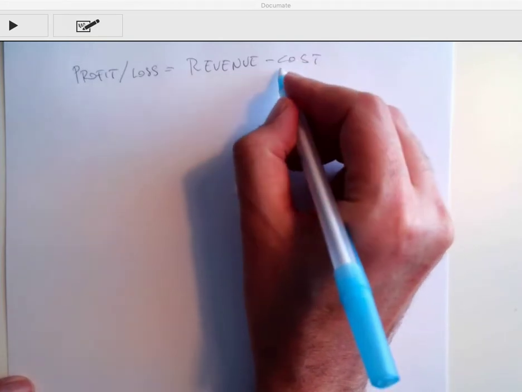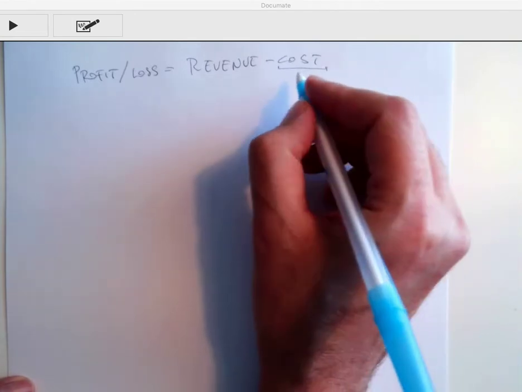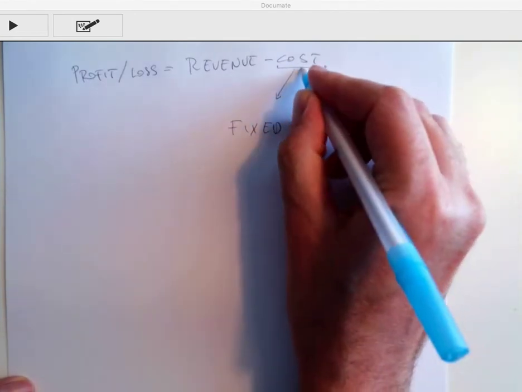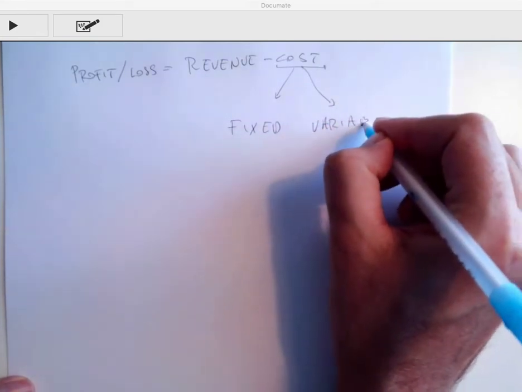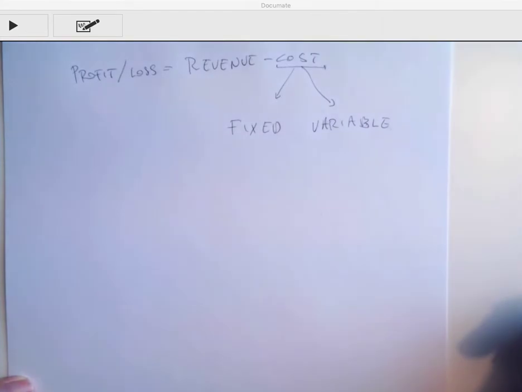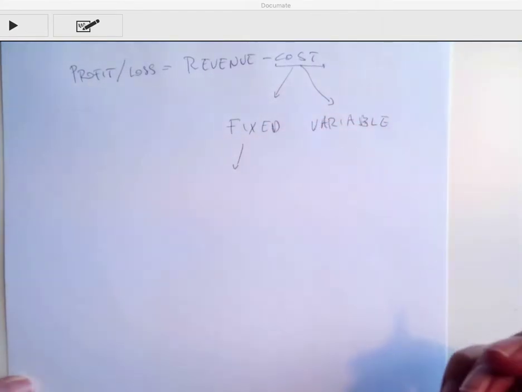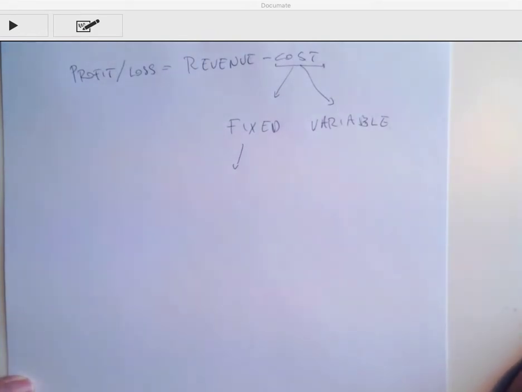We have a little bit more to say: this cost, I'm going to divide into fixed cost and variable cost. So what is the fixed cost? Fixed cost is the one that doesn't change when quantity changes.